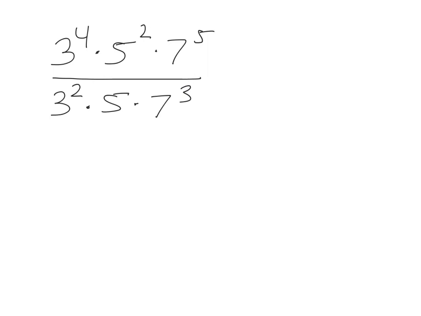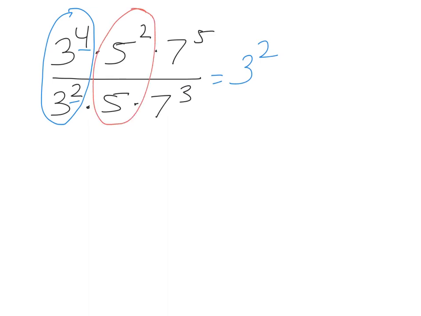All right. If you did it right, you broke this apart piece by piece. You started with 3 to the 4th divided by 3 squared. Because they were the same base, I can subtract their exponents. 4 minus 2 is just going to give me 3 squared. When I look at 5 squared divided by 5, or 5 to the first power, that's 2 minus 1, which is 5.